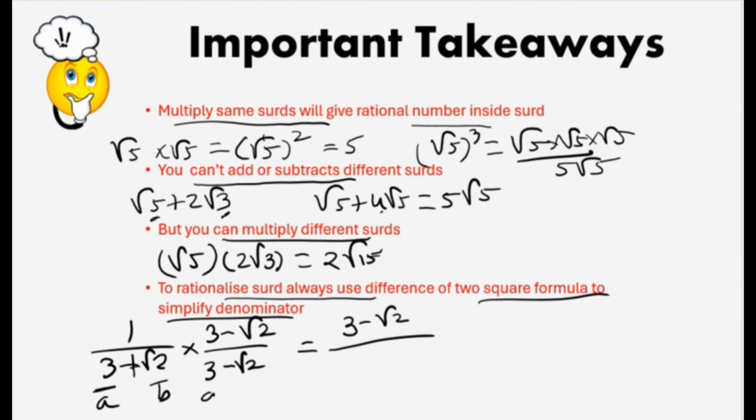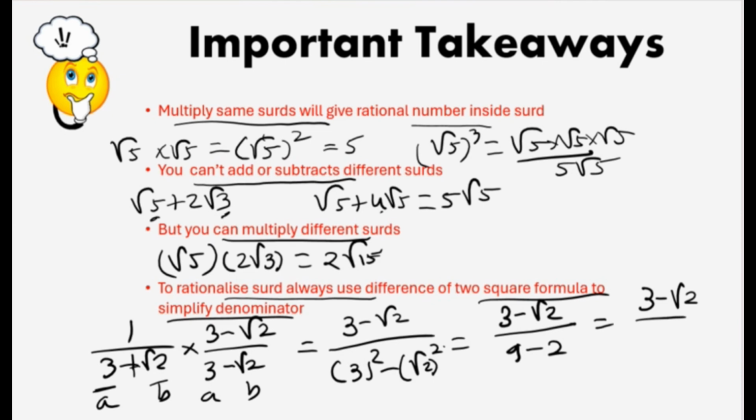So this is a plus b and this is a minus b. So I can write a squared minus b squared. So 3 minus root 2 over 9 minus root 2 squared, which is 2, because we know here root 2 squared is 2. So 3 minus root 2 over 7. When you use this, it makes your simplification easy. You can expand it by multiplying, but this one is easier.